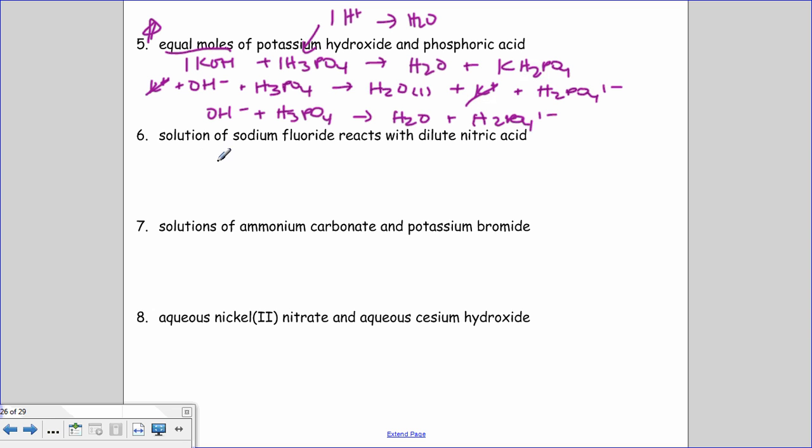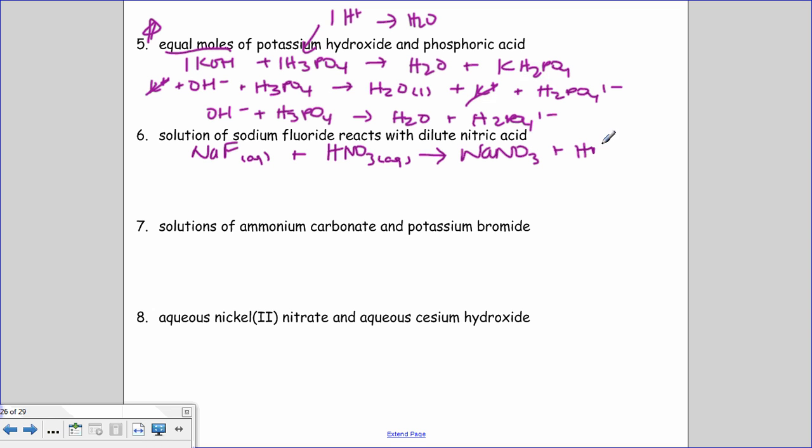Alright, solution of sodium fluoride, NaF solution, so there's our aqueous, reacts with diluted nitric acid. Right now this doesn't mean anything to you, the diluted word, okay? But we will talk about what it means a little bit more later in Unit 2, okay? So the sodium and the nitrate are going to come together. This is a double replacement reaction.